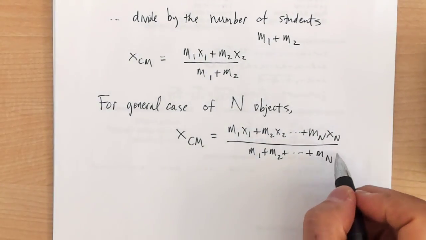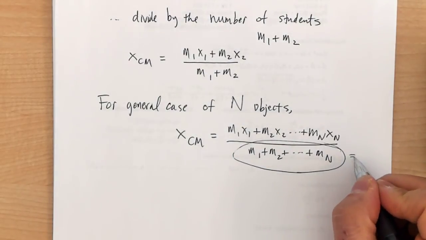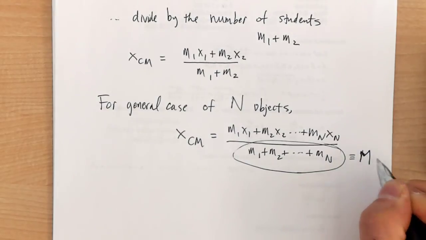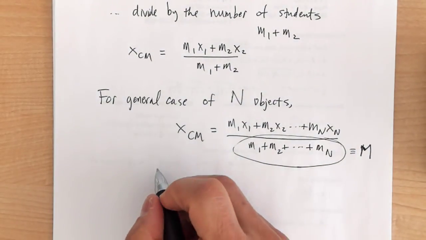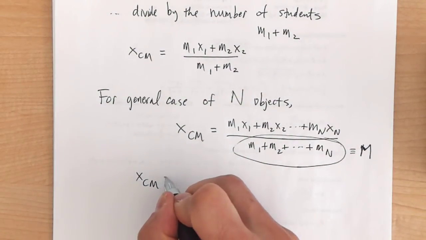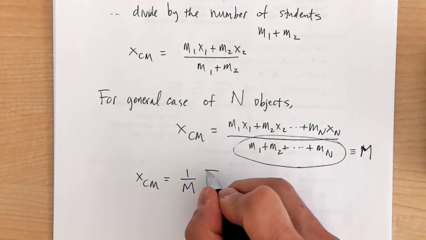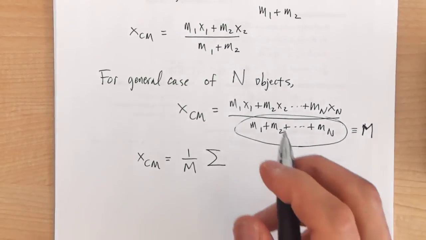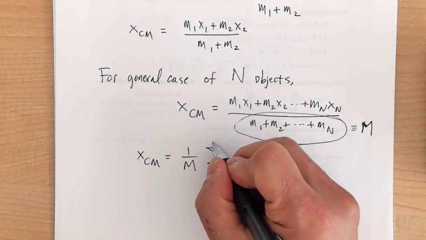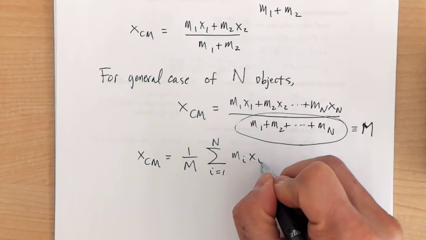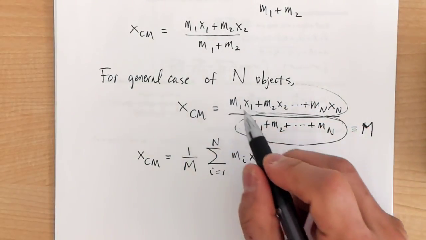Okay. Now, if I define the sum of all the masses as capital M, the total mass, then I can write this as xcm is equal to, and I'll use this sum notation. Hopefully this is familiar to you. The sum from i equals 1 to n of mi xi. That's just this numerator here.